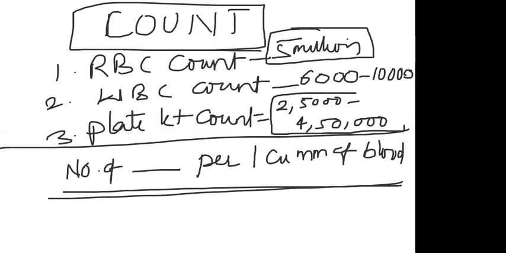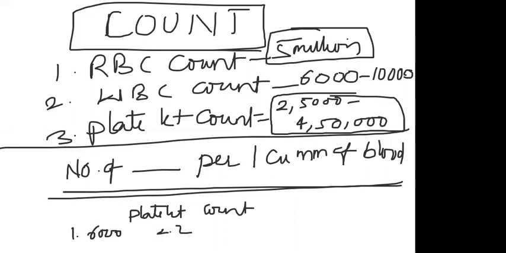For example, if we get the normal platelet count as a question in an examination, they give contrasting options like 6,000, then 2 lakhs, then 1,000, then 1 lakh.